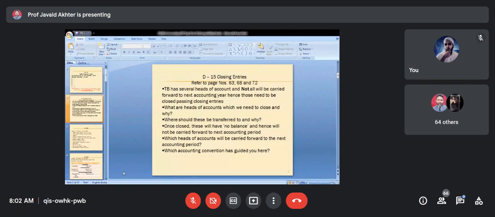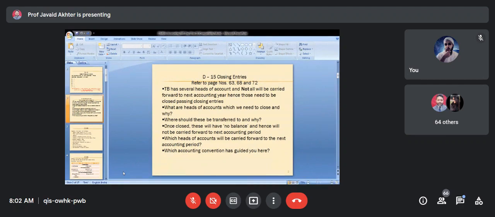Usually with the trial balance, most students of accounts would have prepared a profit and loss account and balance sheet. This is what usually is discussed.